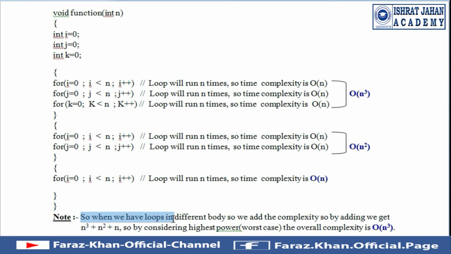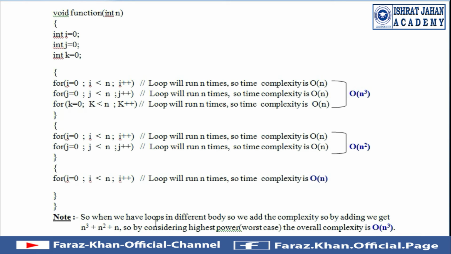So when we have loops in different bodies, we add the complexity. By considering the highest power, the worst case, the overall complexity is O(n cube).